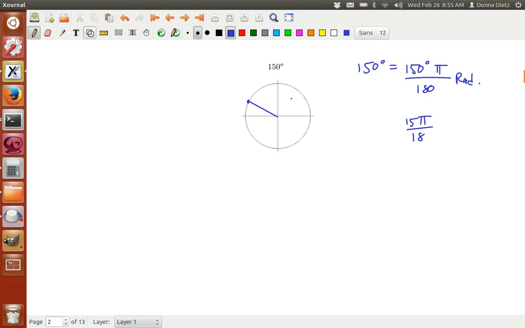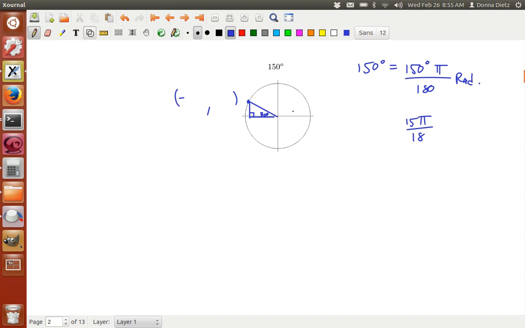Alright, so what happens? If this is 150 degrees, that means there's 30 degrees left over here. So we can go ahead, and this one is perhaps a little easier than the last question because only one of these guys is negative, right? So the x value is going to be negative and the y value is going to be positive. And then we're just going to use the reference angle of 30 degrees. So let's just do one of the 3 formats that we had up above.